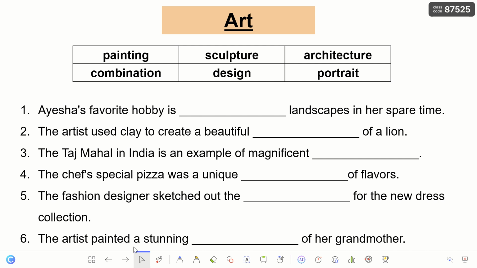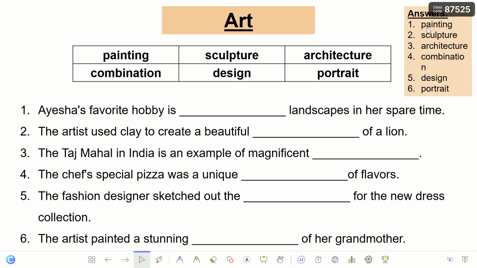The artist painted what? A stunning, wow, a stunning what? A stunning portrait painted of her grandmother, and usually portrait is related to people, photographs, pictures, or drawings of people. So let's check the answers: painting, sculpture, architecture, combination, design, and portrait.